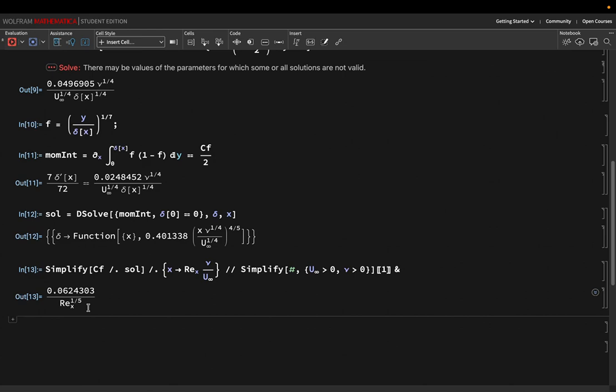So you can clearly see one major difference is the skin friction coefficient is varying as the Reynolds number to the power minus 1 by 5, whereas in the case of laminar flow, it was varying as minus half. Similar for delta as well.